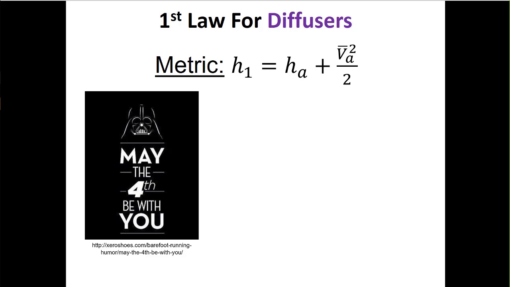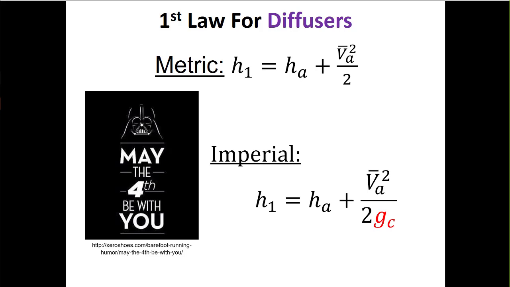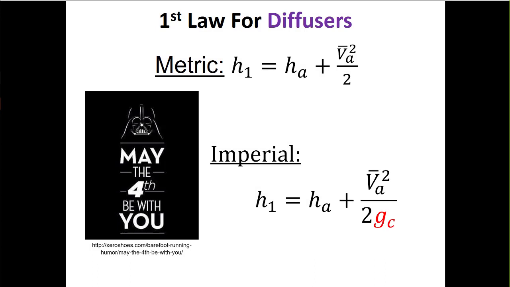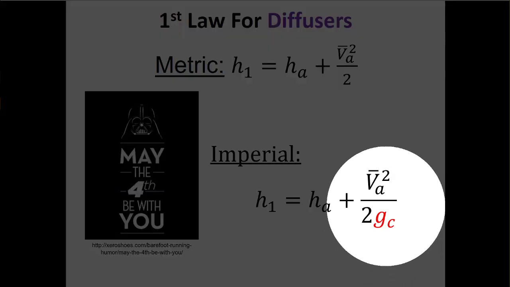But if we have an imperial version of the problem, the equation's not quite the same, right? Because in the imperial version of the problem, the kinetic energy term in the bracket, we had to divide by gc just to get to energy per unit mass, right? And even after we do this, the units still aren't going to be right because our velocity maybe is going to be in feet per second. And if it's in feet per second, we're going to get foot-pounds per pound mass here, and we want to get BTU per pound mass.